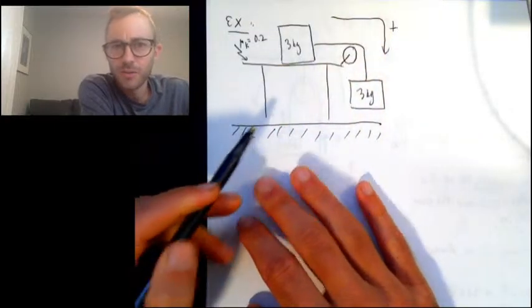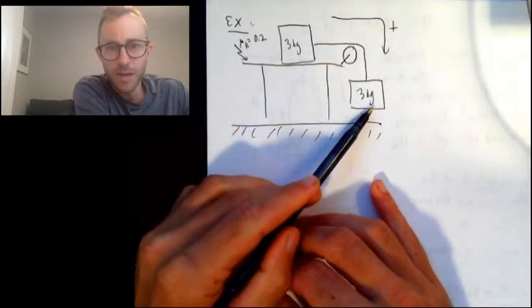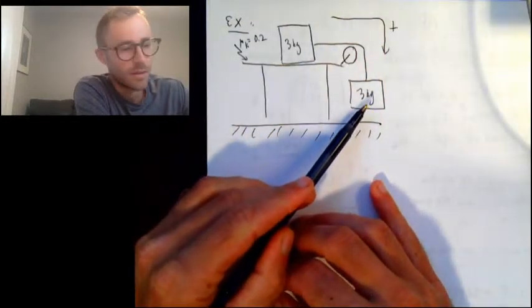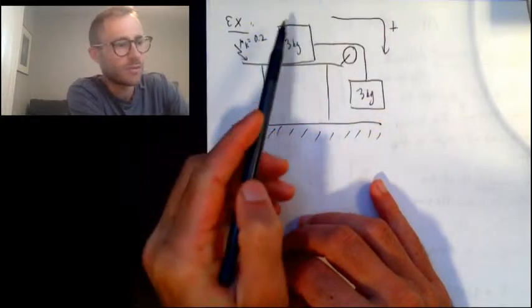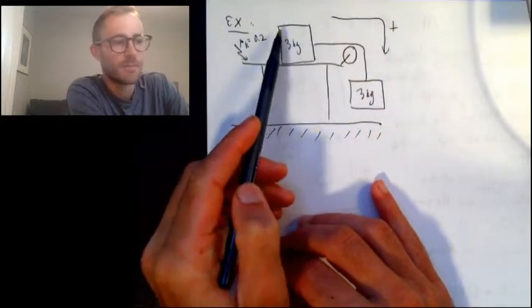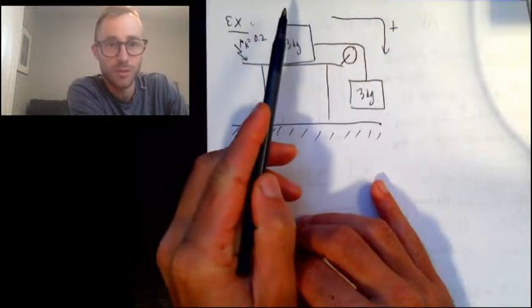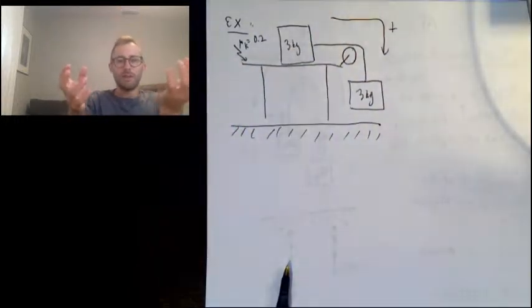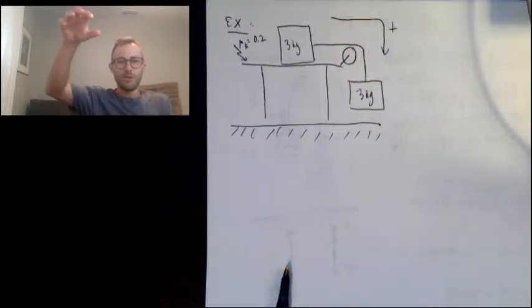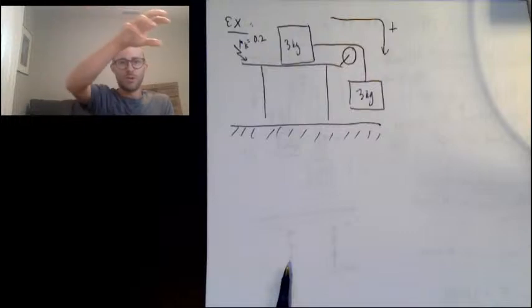So the positive direction for the dangling mass is going to be downward, and the positive direction for the table mass is going to be to the right, okay? Because if the 3 kilogram mass falls by 1 meter, the dangling mass falls by 1 meter, the table mass moves to the right by 1 meter, okay?